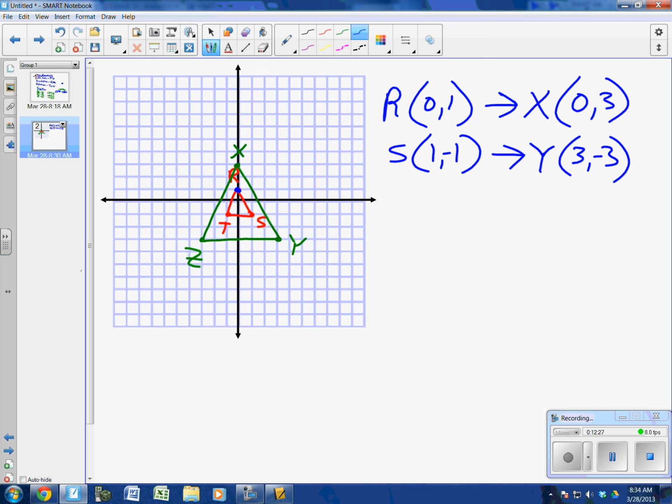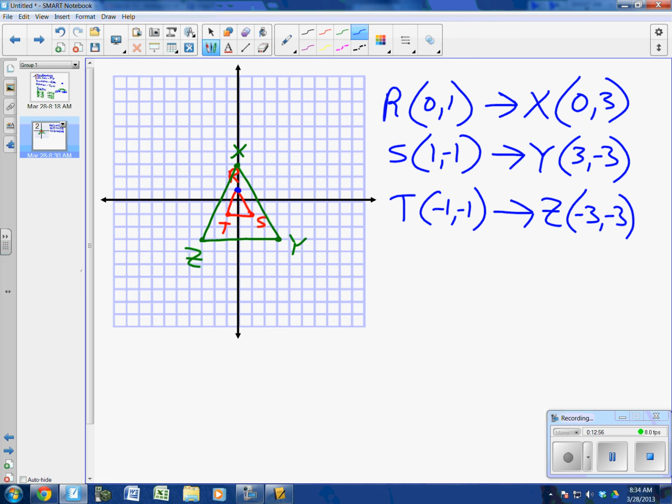Okay, good. Let's do the last one. T to Z. Where would T go? T to Z. Where's T located? And it goes to where?